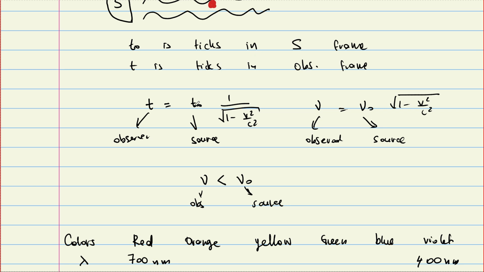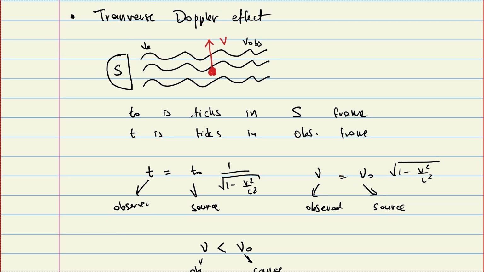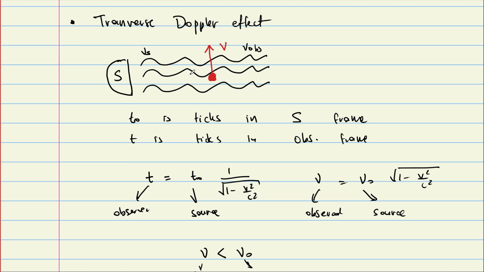So T naught passed in the source frame, and the second front is emitted. But now we need to convert this to the observer frame. So the observer is going to see a delay between these two emissions. The first peak is emitted, and then until the second peak there's a time difference. The observer who is receiving the light is going to see a delay in time.